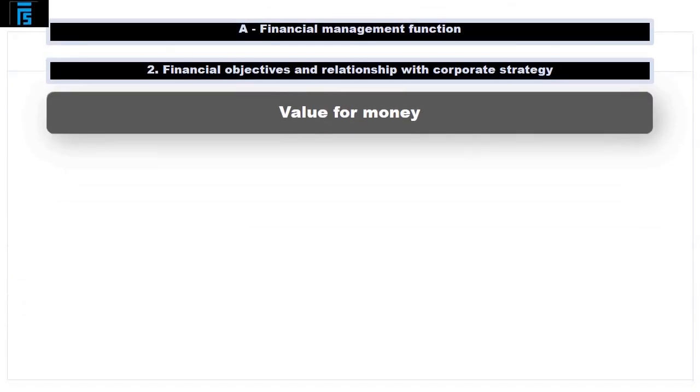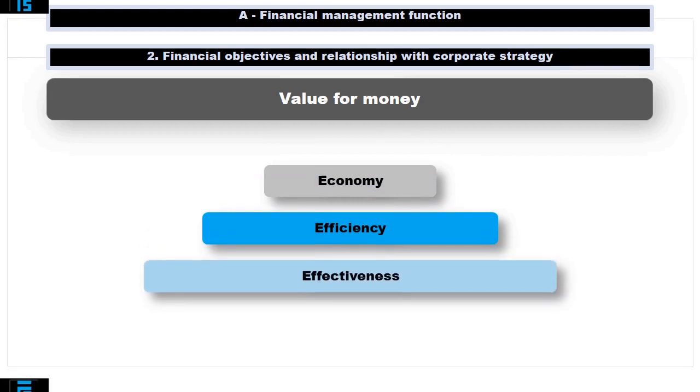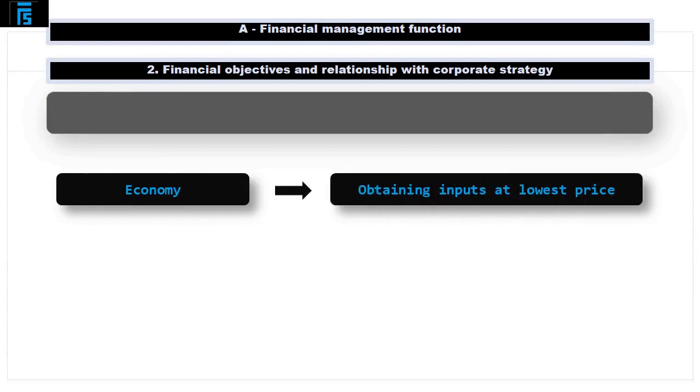This is often referred to as demonstrating value for money and is measured in terms of the 3 E's: economy, efficiency, and effectiveness. Economy refers to obtaining inputs of appropriate quality at the lowest price.